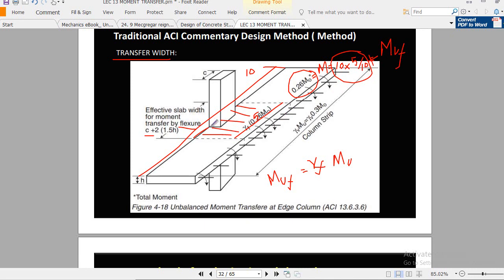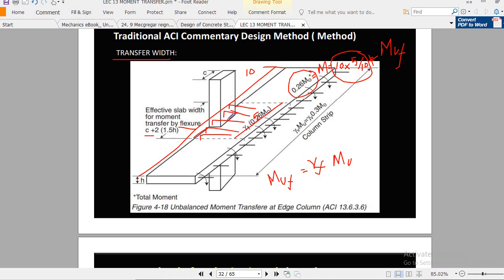And remember, the ACI code says that you have to properly anchor these bars at the edge of the corner of the slab and properly in the core of the column, because it transfers moment from the slab to the column. That's why it should be properly anchored with the column.